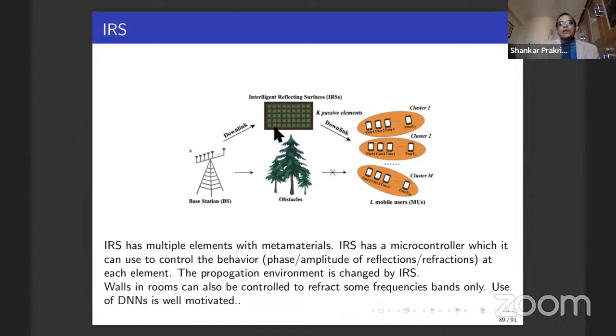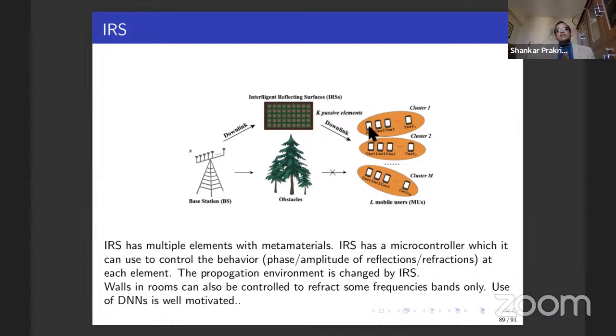What happens then is that you can place these on walls, on buildings. And recently, Nippon has also made a transparent type of RIS, right, with various metamaterials which are also transparent. So it is just a glass pane, but it takes a signal from here. Each of these elements can tune the signal, can change the phase of the transmitted signal in such a way that it is perfectly co-phased for, let us say, this user.